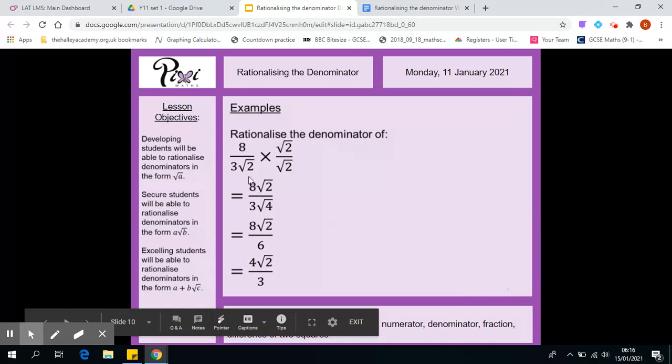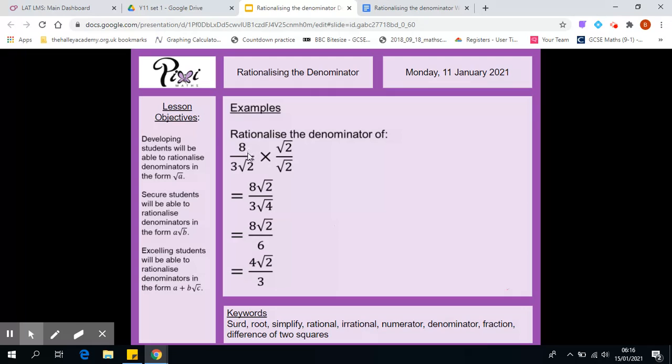Let's look at another example, 8 over 3 square root 2. Notice I multiplied only by square root 2 on the numerator as well as the denominator, not 3 square root 2, because 3 is a rational number and square root 2 is an irrational number.